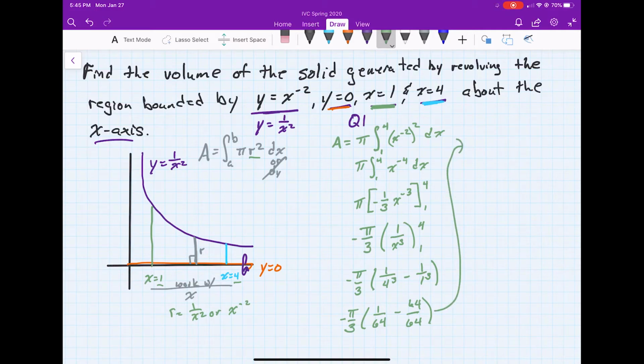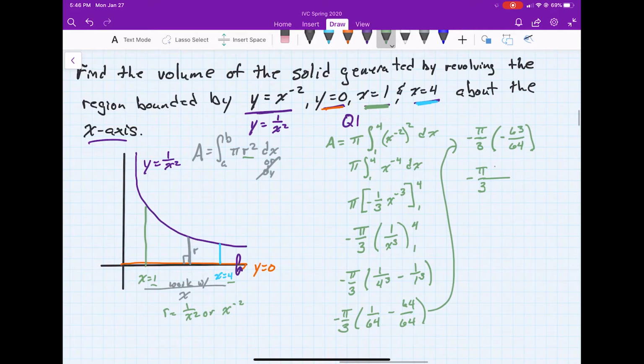So we got negative pi over 3 times the quantity negative 63 over 64, which, if we multiplied this across, this would be positive. It would be 63 pi over 3.